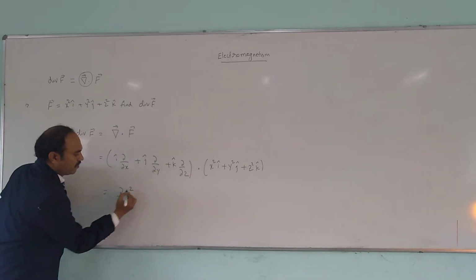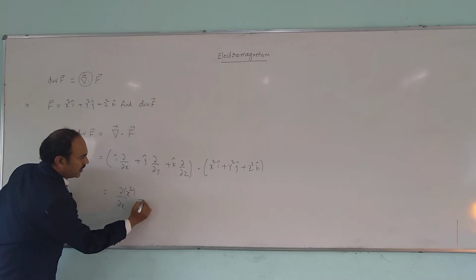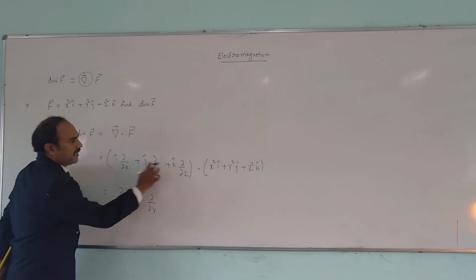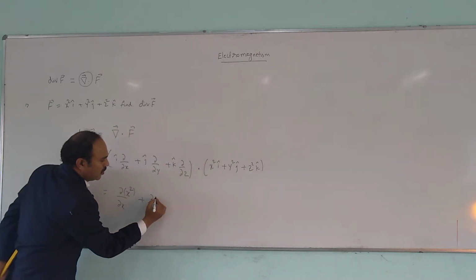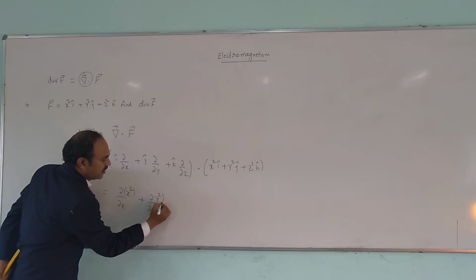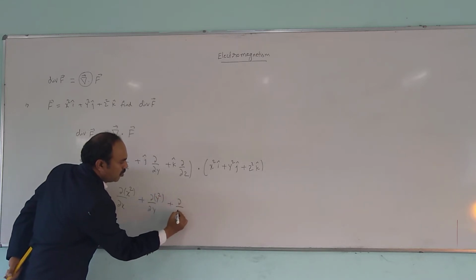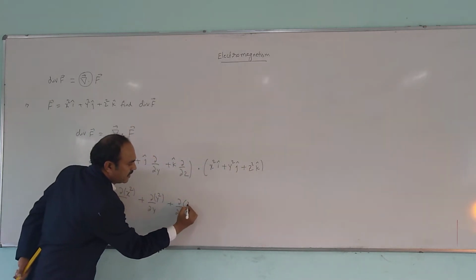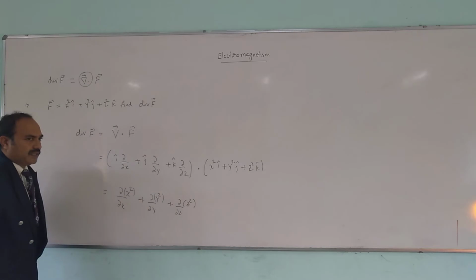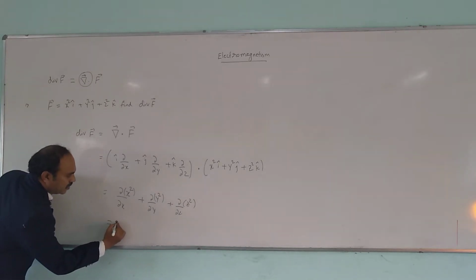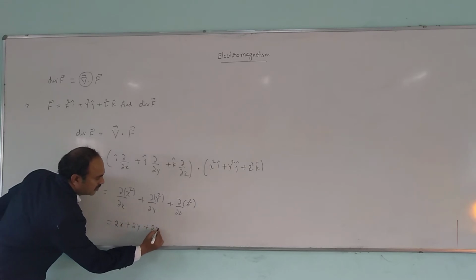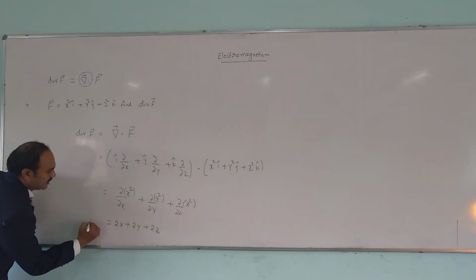This is equal to dou by dou x of x square plus, j should be multiplied, dou by dou y of y square, plus dou by dou z of z square, with k multiplied. When we solve this, we get 2x plus 2y plus 2z. This is the final result of divergence of f.